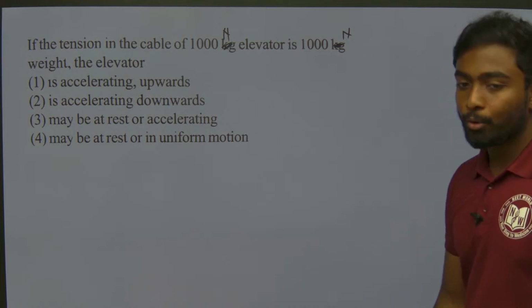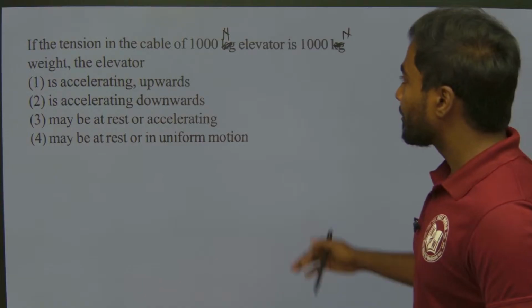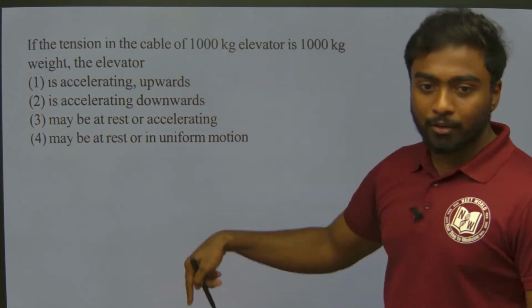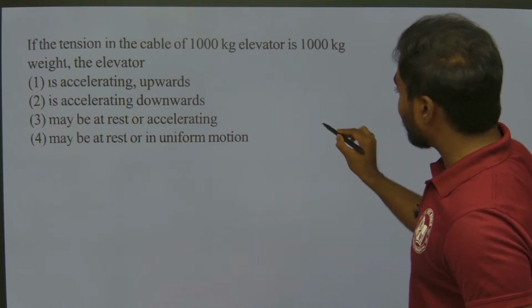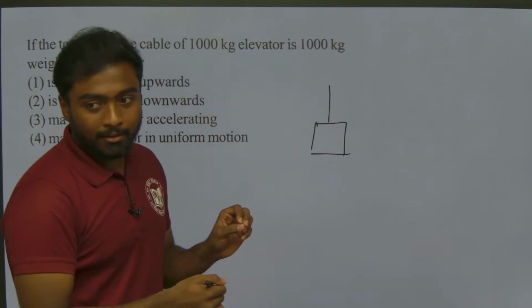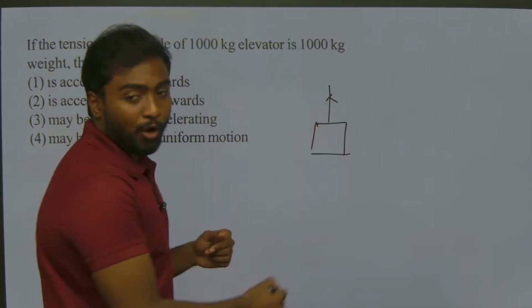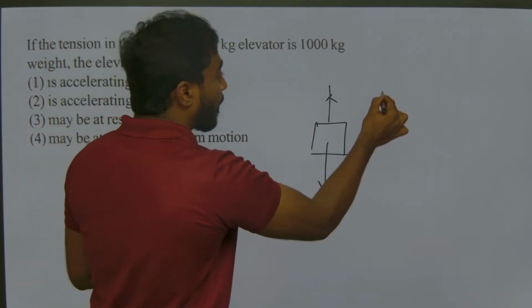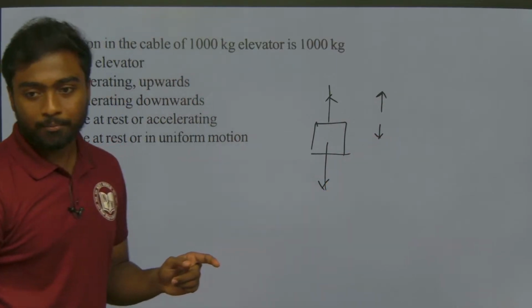Maybe at rest or in uniform motion, right? Because if I see here, tension is 1000, weight is also 1000. If an object is hanging like this, tension will be away from the object and weight will be towards down. So both forces are in opposite directions.